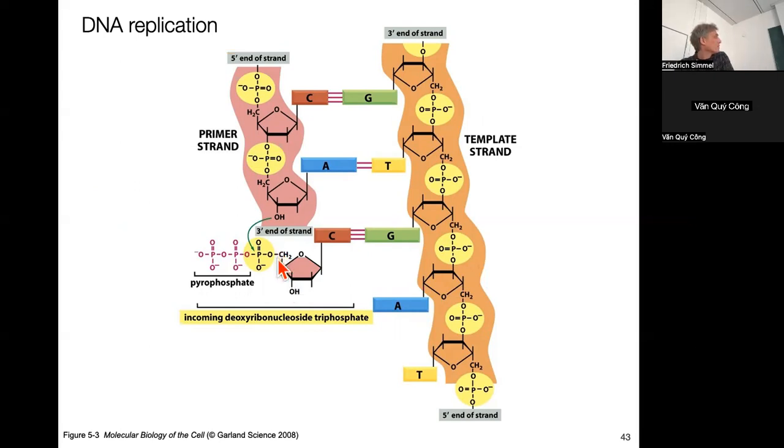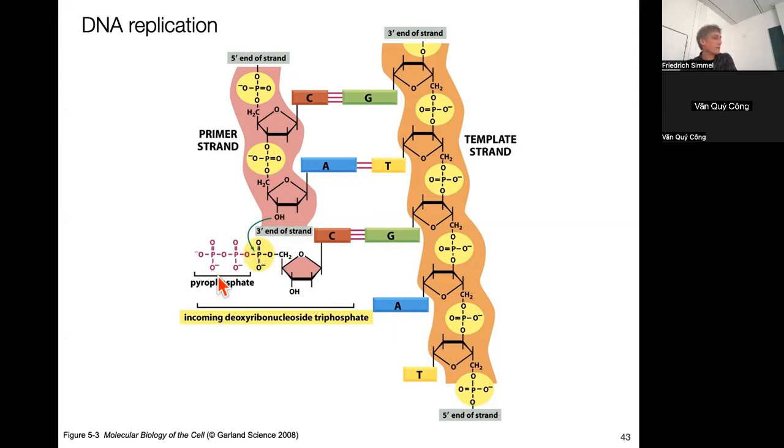The only thing one should probably remember is that the synthesis proceeds in the 5' to 3' direction, which means that if there is a growing template, you will have a 3' OH group available here, and an incoming nucleotide triphosphate is used to make a new phosphodiester bond.